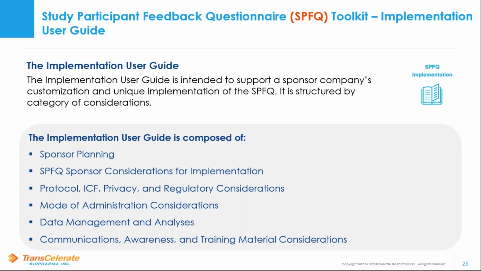So the implementation user guide is composed of a lot of information about sponsor planning, and it's generalizable enough that any sponsor or other medical research organization who wants to could use it easily. It doesn't tell you what to do. It's really a collection of things to consider.